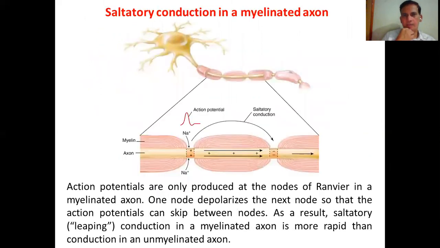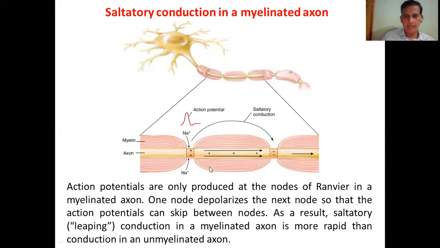Okay, so in the case of the myelinated axon, the action potentials are usually generated at the node of Ranvier. The action potential is not generated in the areas where the myelin sheath is present.